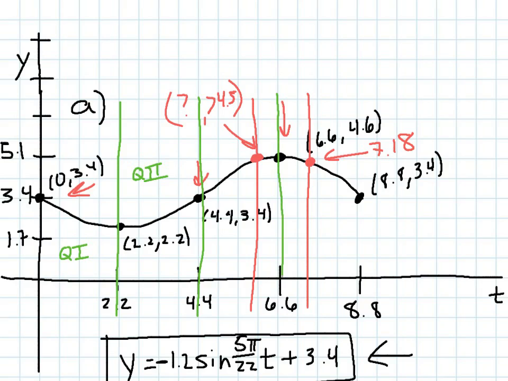From here to 6.6, this is quadrant 3. And then over here to 8.8, this is like quadrant 4. Okay? So we have an answer in quadrant 4. So there's one answer. Okay? Now I need another answer, but the answer should be in quadrant 3.